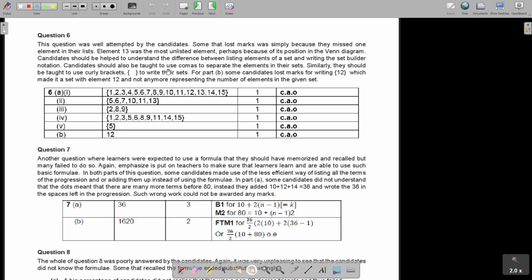Candidates should also be taught to use commas to separate elements in the sets. Similarly, they should be taught to use curly brackets to write their sets. For example, some lost marks for writing 12, which made it a set of elements of 12 and not a number representing the number of elements. So all must be in curly brackets except the last one.